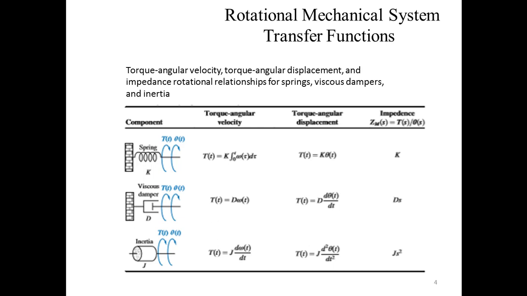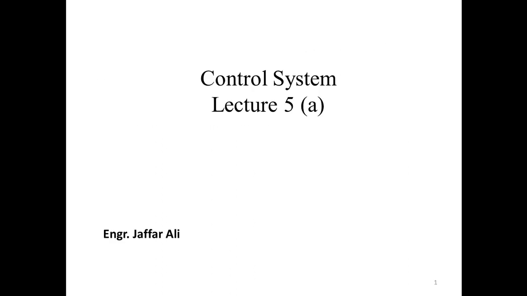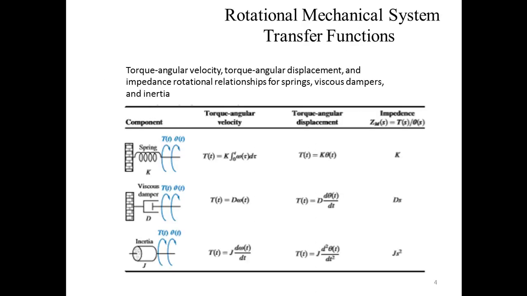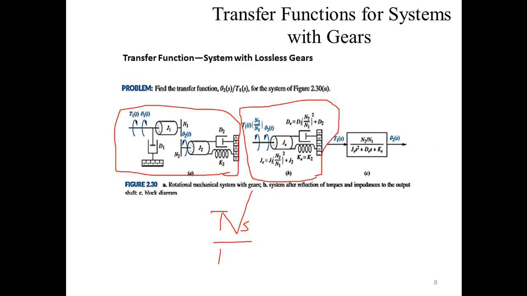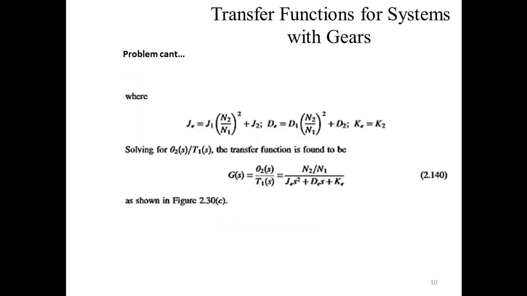So an electromechanical system is one in which the input is of one form, electrical or mechanical, and the output is of another form, mechanical or electrical, or vice versa. If you give a current to a DC motor, it will produce some torque or angular displacement as a result. That is basically an electromechanical system, and we will look at how you can find its transfer function in the next week, that is week number 6.